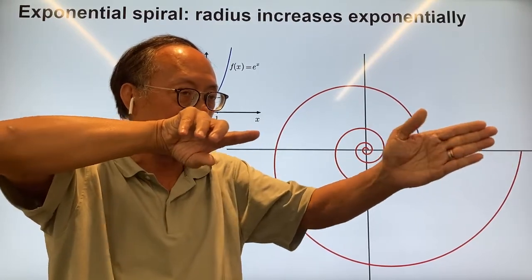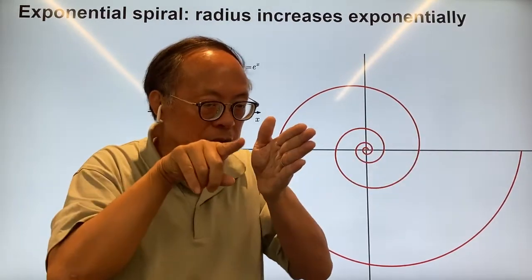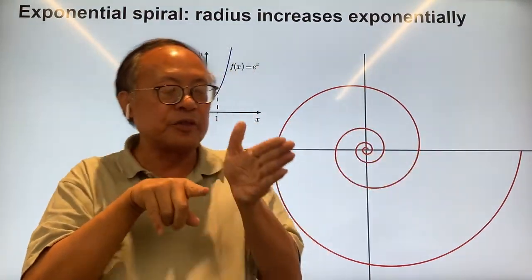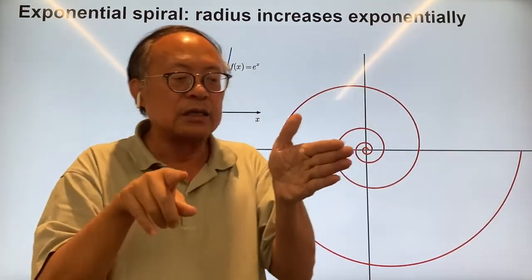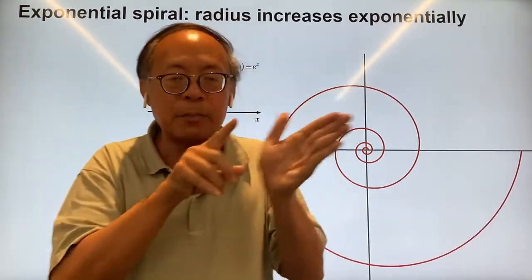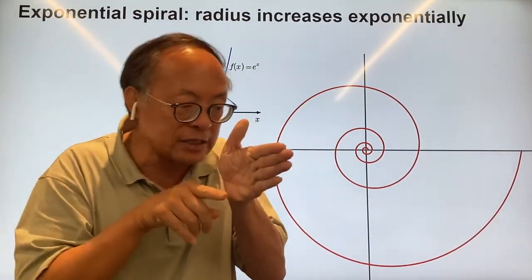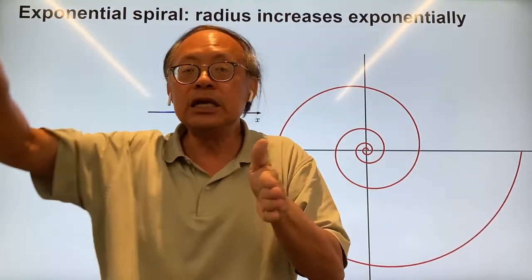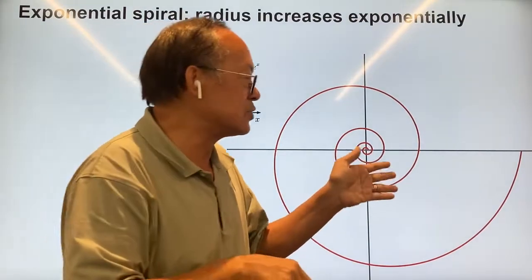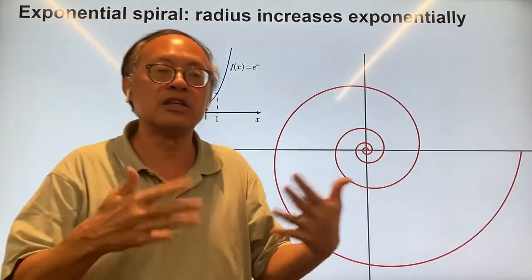So what happens is that if the flight path is turned off at an angle phi that is equal to the inverse tangent of 1 over b in my earlier formula, that constant angle will force the eagle to fly towards the center. Okay, so this is one way to characterize an exponential spiral.